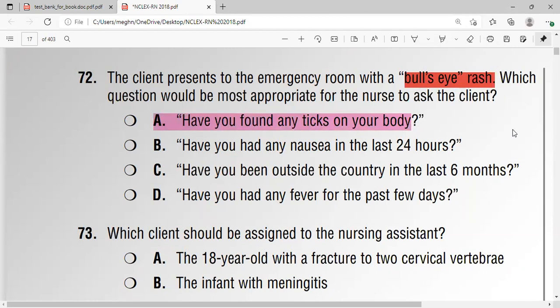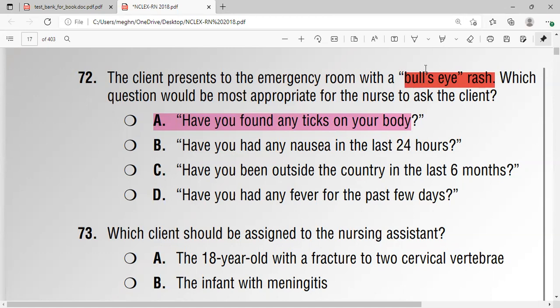Why? Because a bull's eye rash is indicative of Lyme disease. Lyme disease is a disease spread by ticks. The signs and symptoms include elevated temperature, headache, nausea, and the rash.